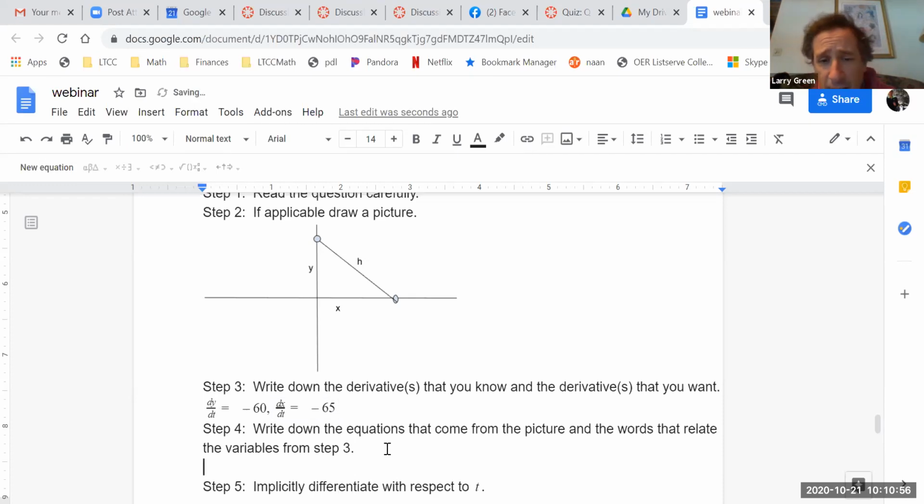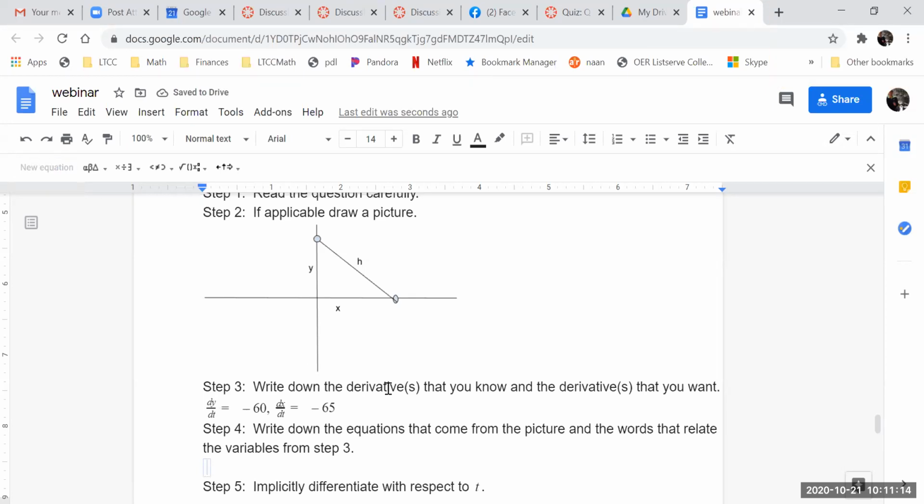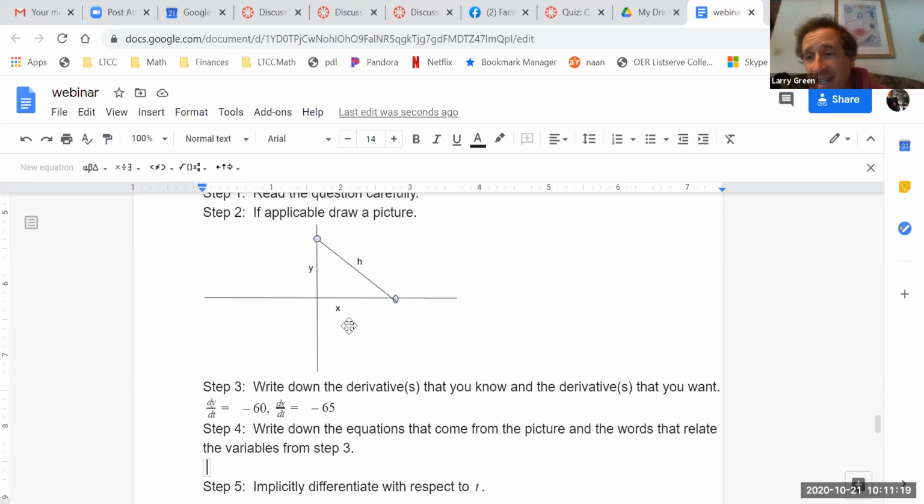Okay, write down an equation that comes from the picture. You better all know this equation. Hint is there's no angle in this one. No derivatives.